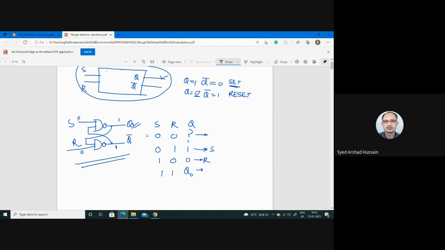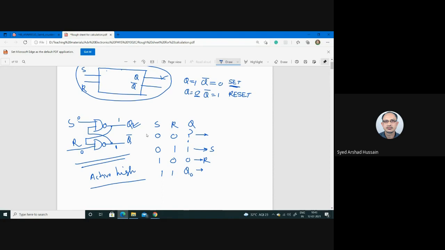As soon as you change it, your output will change. Depending on this, that is, on the resting condition, there are two types of systems. One is called active high, and the other is active low.